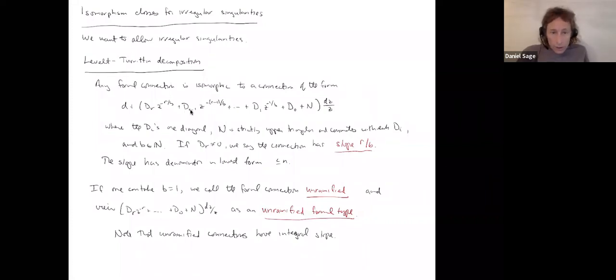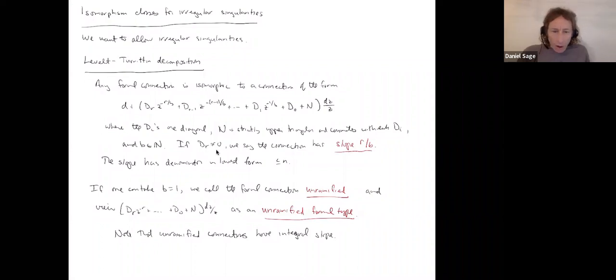The coefficients here, the d_i's, are diagonal matrices. N is strictly upper triangular, and it commutes with each of these d_i's. So any formal connection is isomorphic, after extending scalars in this way, to a connection which is upper triangular, and where the strictly upper triangular part is only in the residue term.